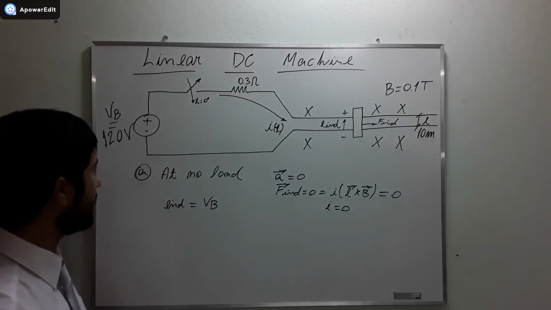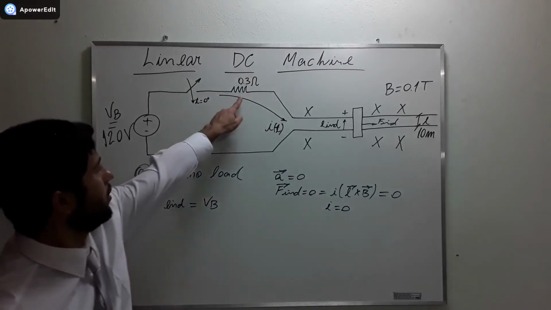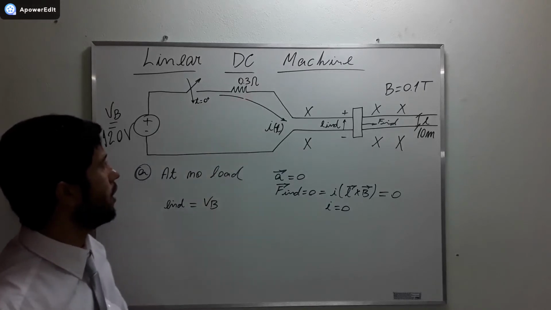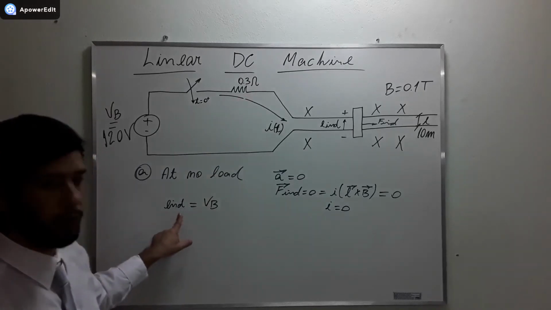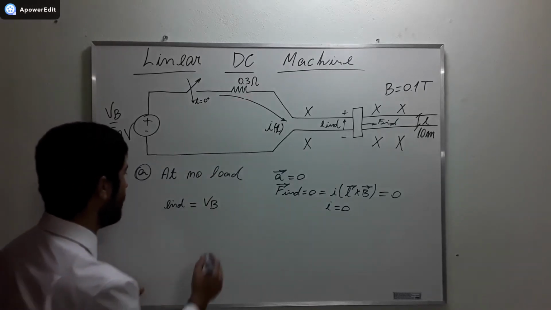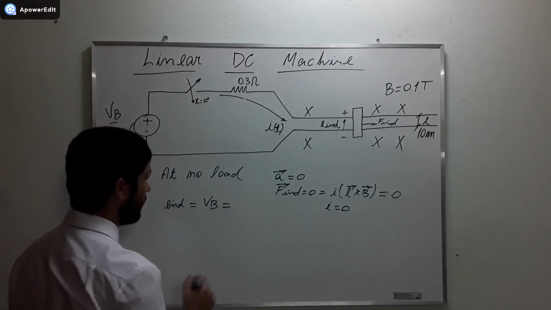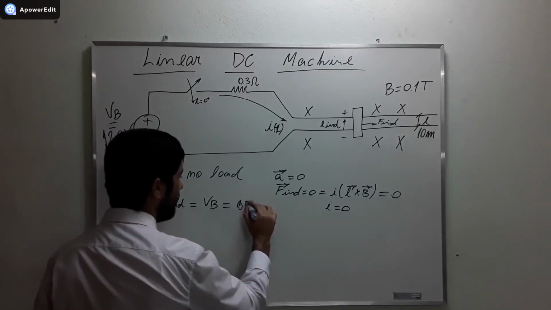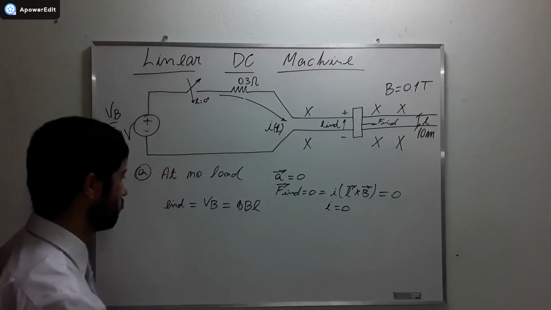Okay? If the current is equal to zero, then this term here can be neglected. And then we are going to have this. Okay? And the induced voltage is equal to vBL. Alright?